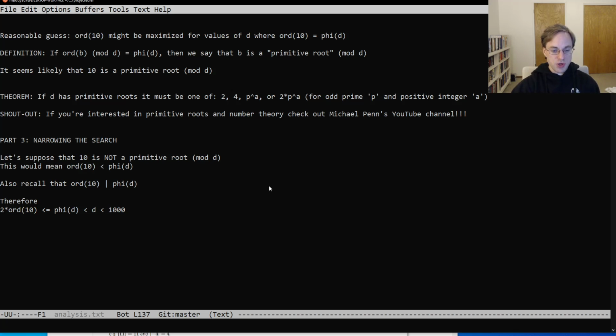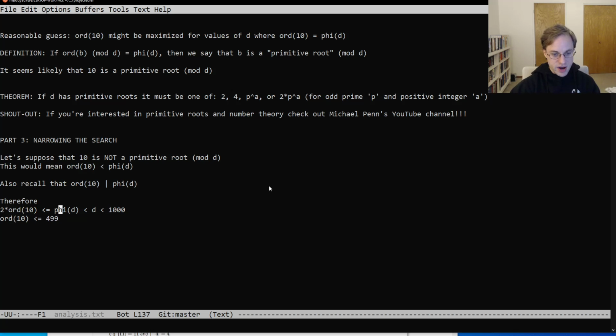In particular, you'll note that if D is prime, then phi of D is D minus 1. Okay, so dividing both sides of this equation by 2, we can conclude that the order of 10 is less than or equal to 499.